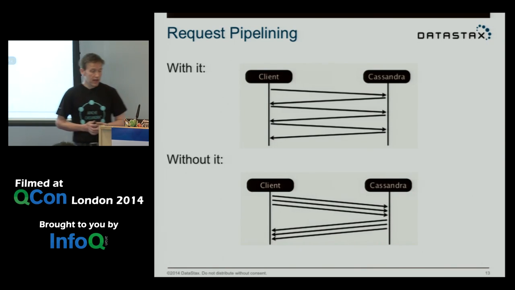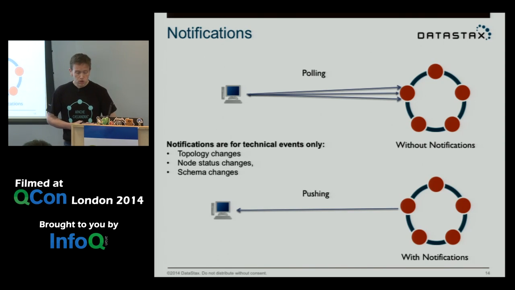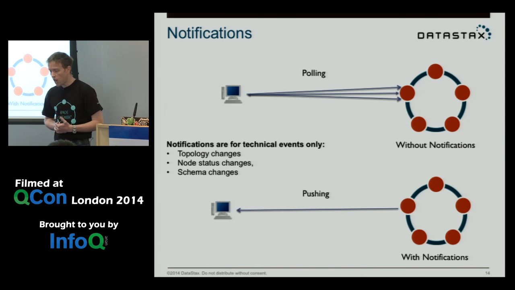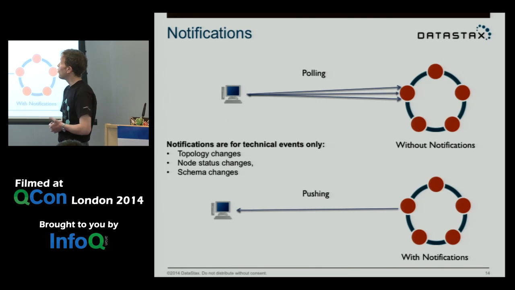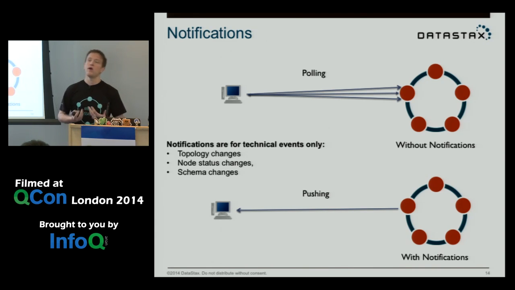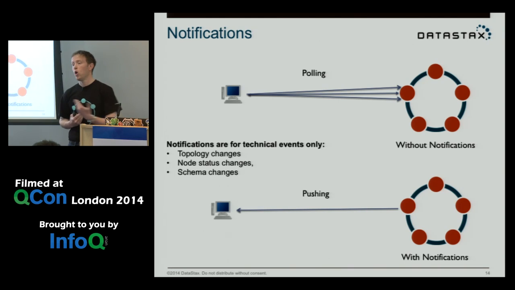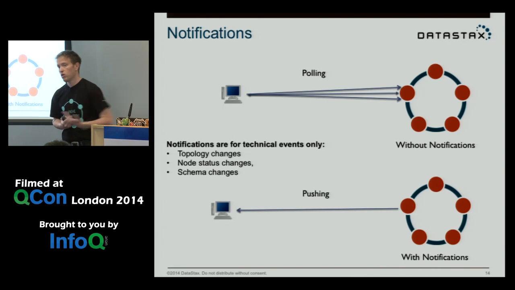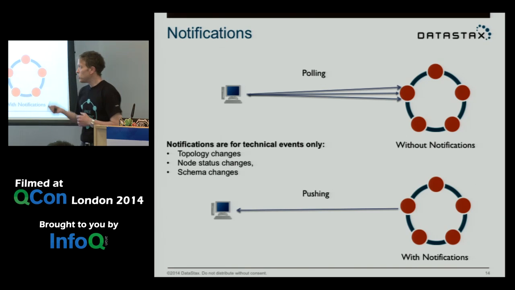Just to be quite clear on the type of notifications you get back from Cassandra: previously, if you wanted to have awareness of the topology of what's going on, your client would be polling your Cassandra cluster, going out, getting request reply. What we do now, when you're using the native protocol, is that any changes, any kind of technical events that happen on your cluster, your clients are now aware of them.